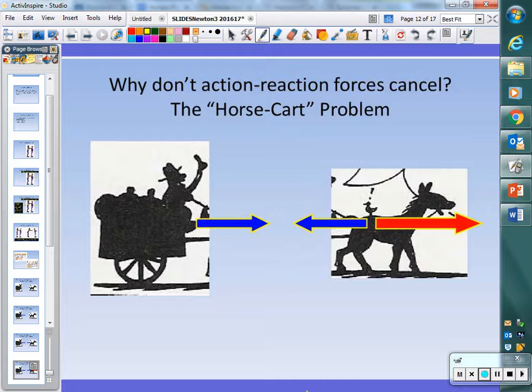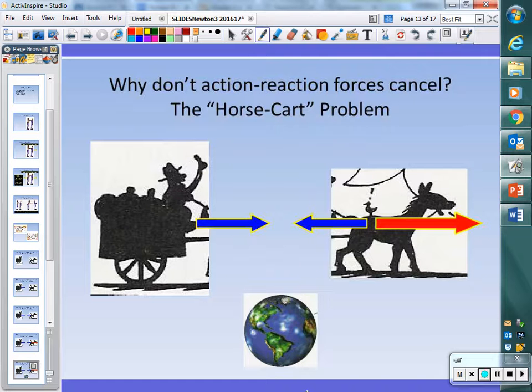So this situation isn't complete with just the horse and the cart. We also have to add the earth into this situation, not to scale. In case you were wondering, it's not a giant horse and a giant cart. So the horse has to feel a force in the forwards direction. But if there's a forwards force, or to the right, what else has to be somewhere on this picture?